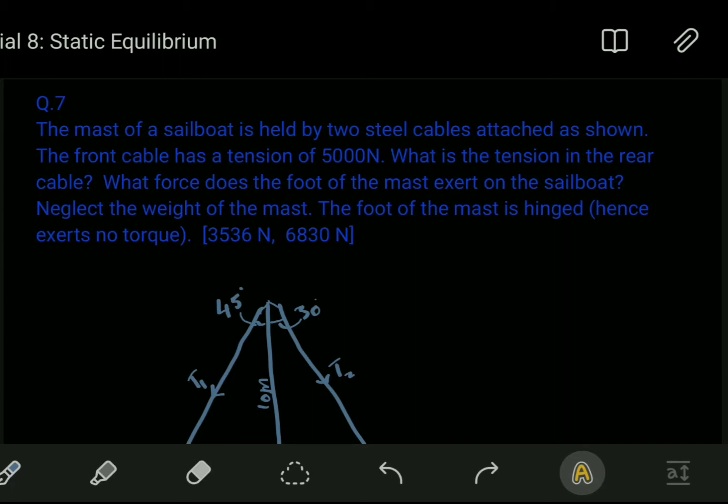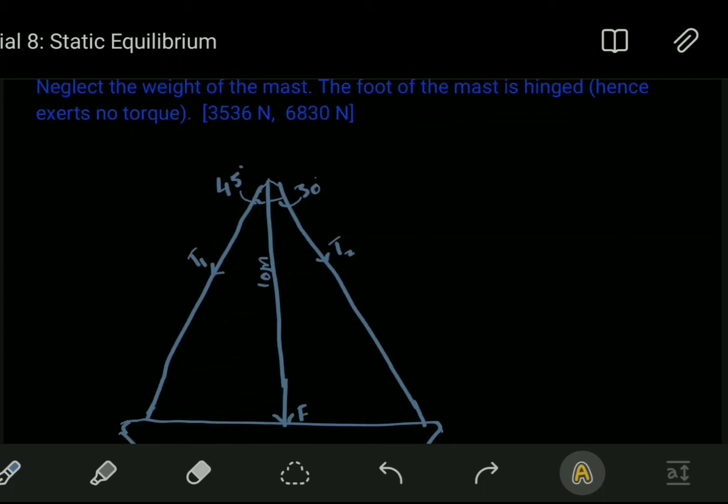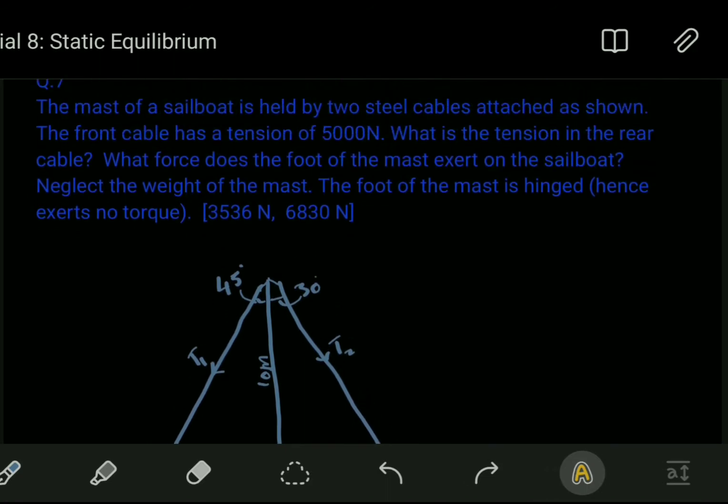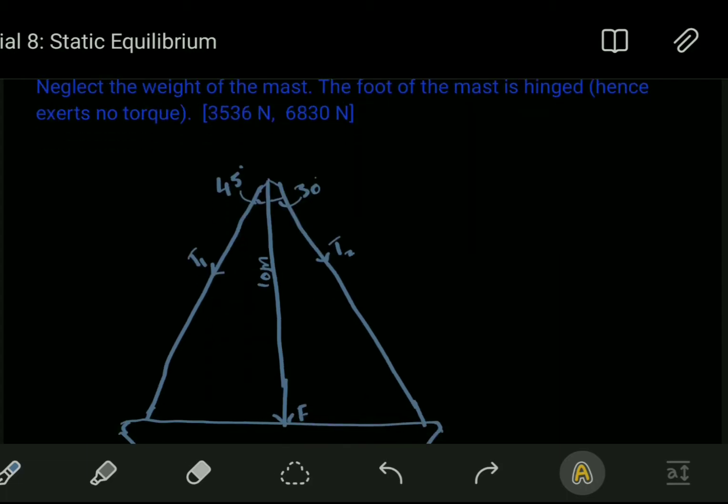Okay, so let us find the tension in the rear cable as well as the force F for this particular system, given that the tension in the front cable is 5,000 newtons and each is making an angle as indicated in the diagram here.